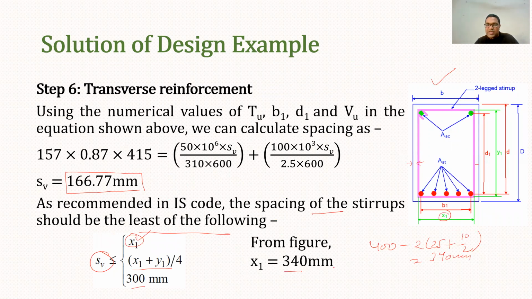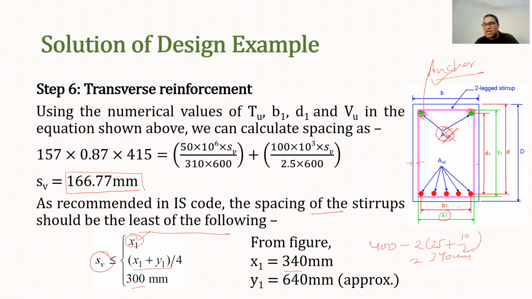Now on the same line, we can have the value of y1 also. Although this value will be approximate because this dia is not calculated in our problem. So this value is actually not the ASC. It is not ASC because ASC is not required in our case. So this green bar are actually the anchor bar and they are not designed in the problem.